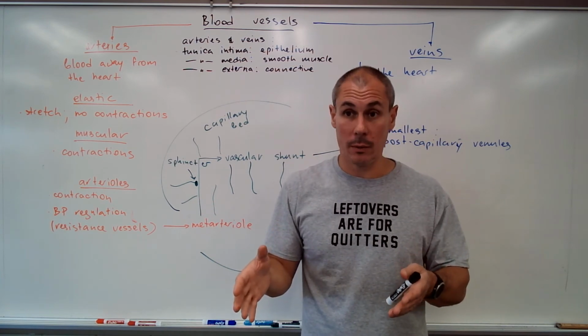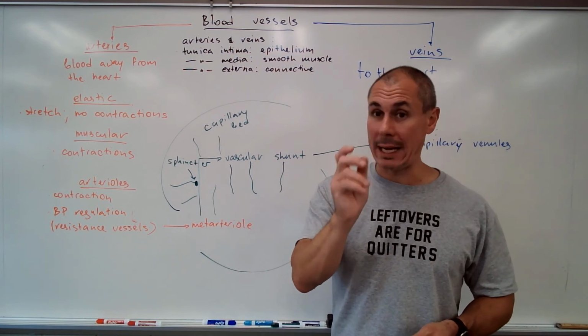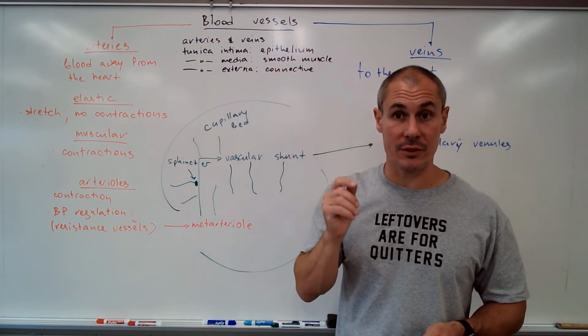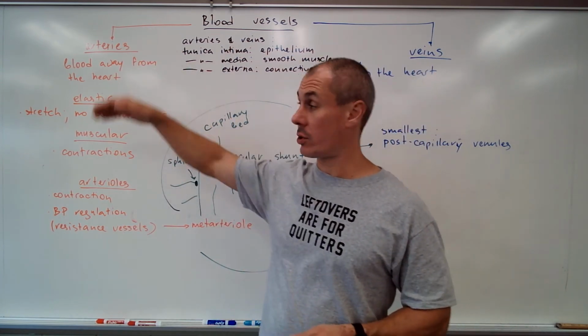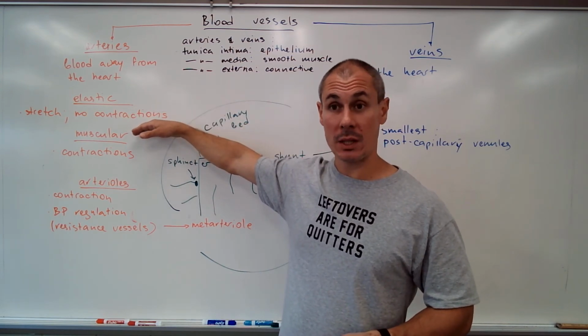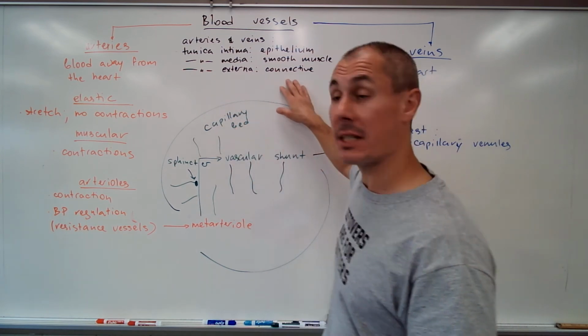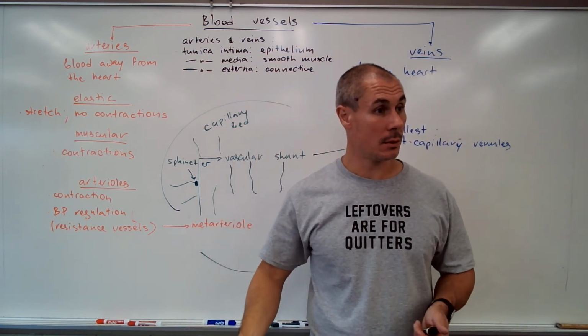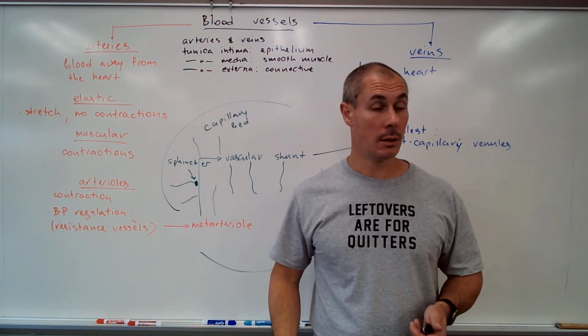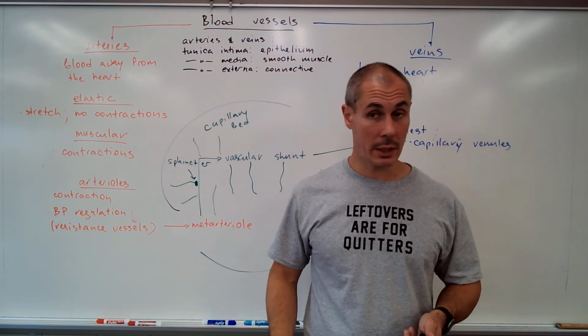Now, the smallest proportion of smooth muscle among all arteries will be in elastic arteries. Elastic arteries do not contract. They have a small proportion of smooth muscle compared to connective tissue. Are you following me?